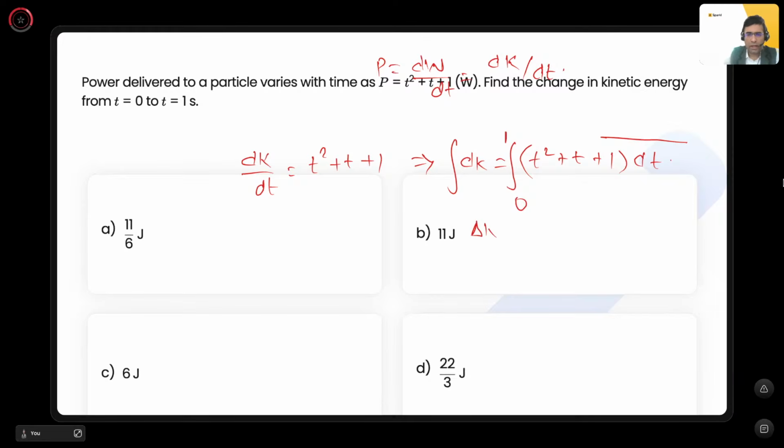So change in kinetic energy will become t cube upon 3 plus t square by 2 plus t from 0 to 1. So let's put the value 1 by 3 plus 1 by 2 plus 1, and this will become what? 11 upon 6 joules.